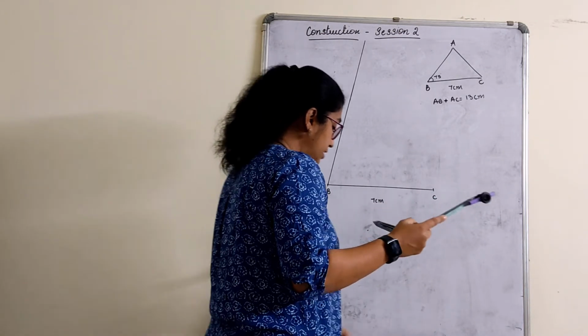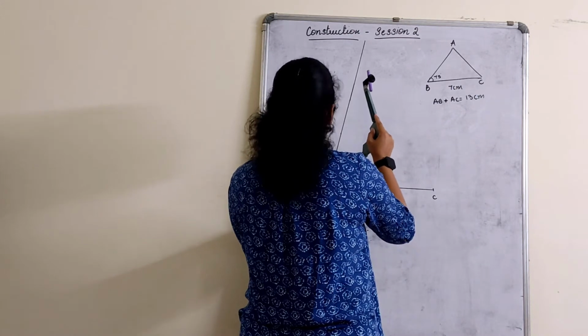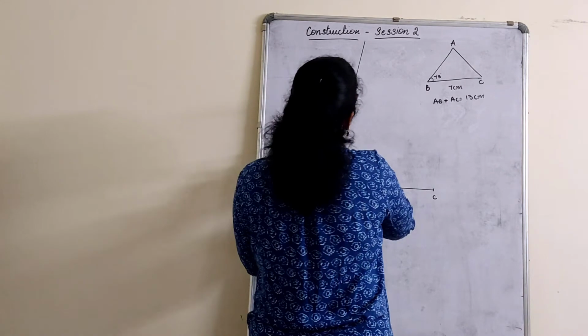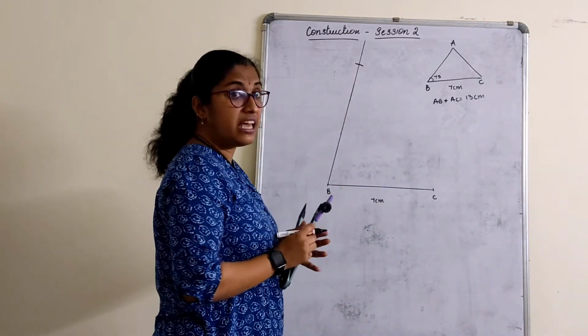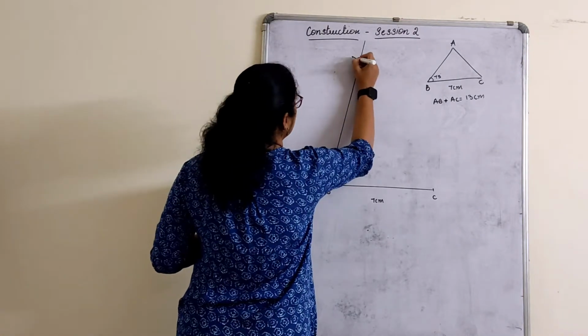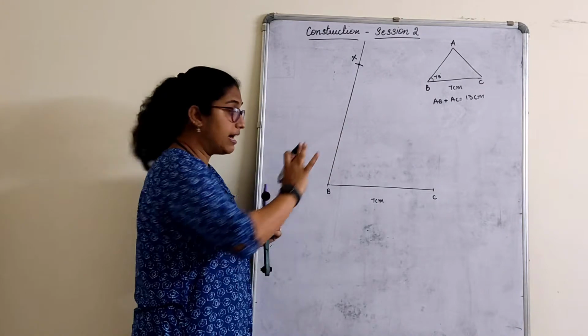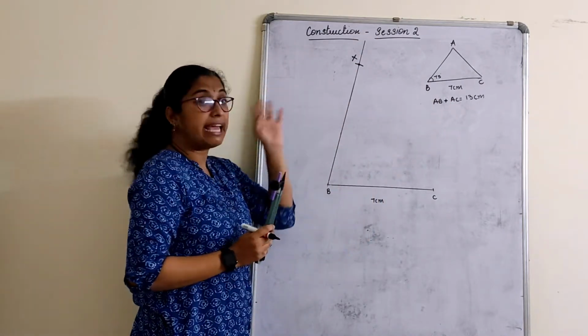My measurements might not be accurate with respect to this, so it's actually coming here. So this is 13 centimeter. But what is this? Is it A? No. This is some unknown part which I will mark as X, because I marked this for 13 centimeter, AB plus AC. Still A is not found out.